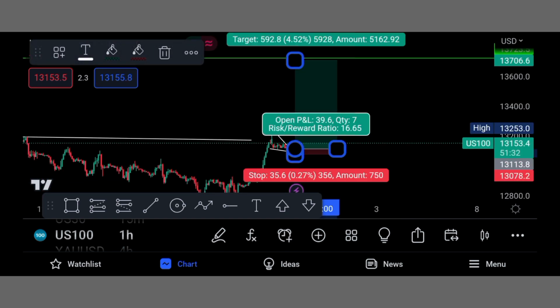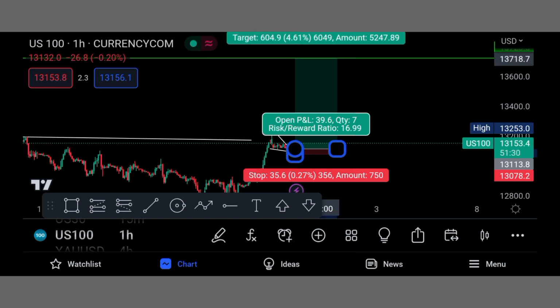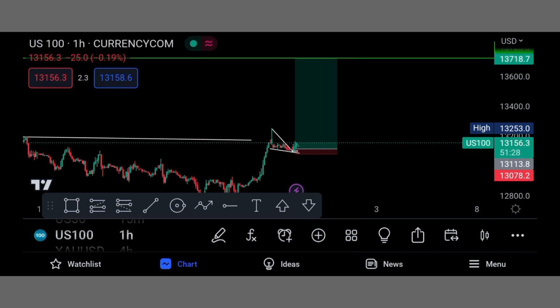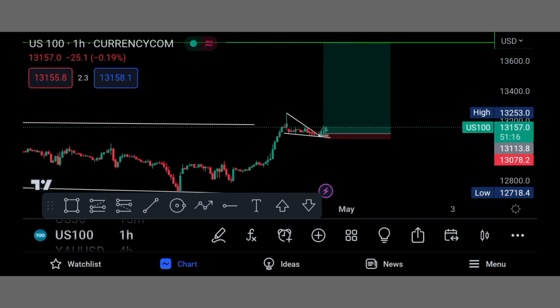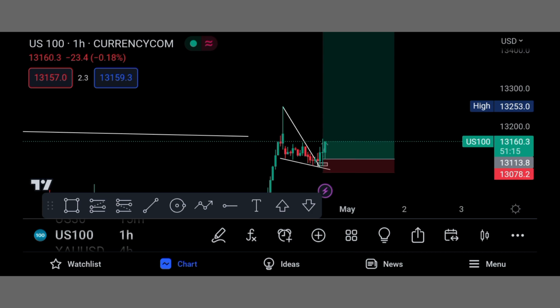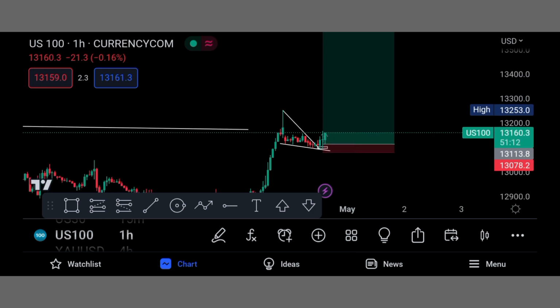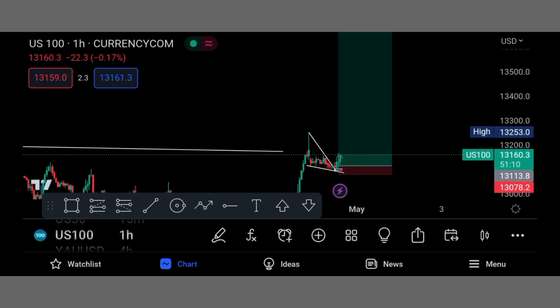That is a very amazing risk to reward ratio. So as you can see guys, it is possible to master this trading strategy. It is actually very, very easy. And as you can see, US 100 is pushing to the upside.